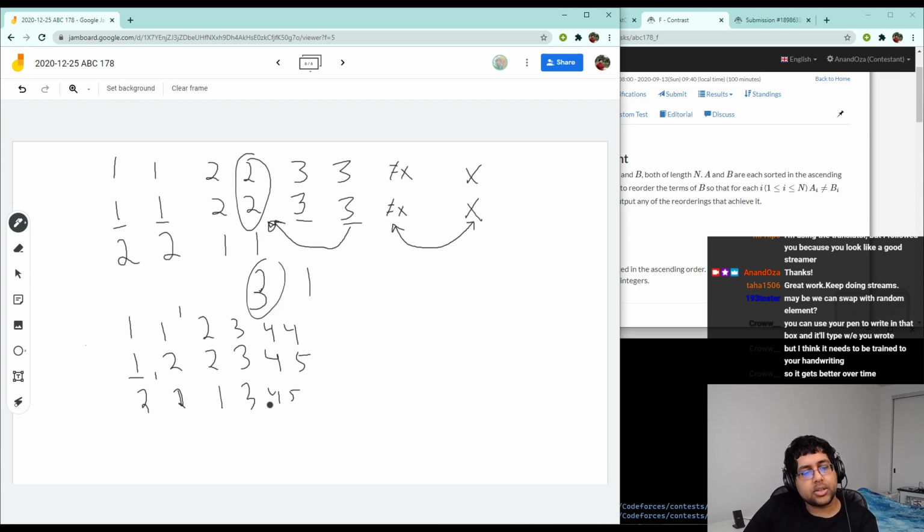Oh, right, okay. So you can always swap something with what's after it. So then this would be 4, 3. After you've done that, hold on, 2, 1, 1. Okay, so this isn't sorted anymore.